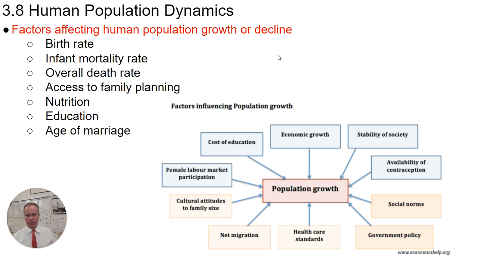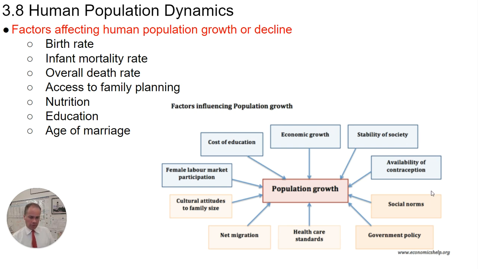Factors include obviously birth rate, death rate, infant mortality, access to family planning, nutrition, education, age of marriage. These are all factors that influence population growth, and they vary from place to place. If we're thinking about human populations, all of these factors come into play, and they're unique to given areas, right?